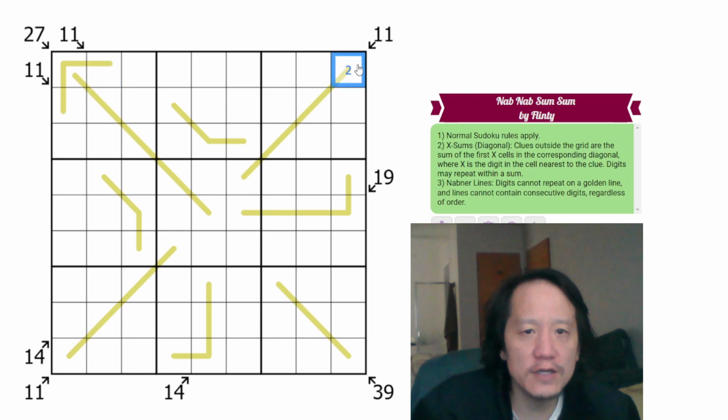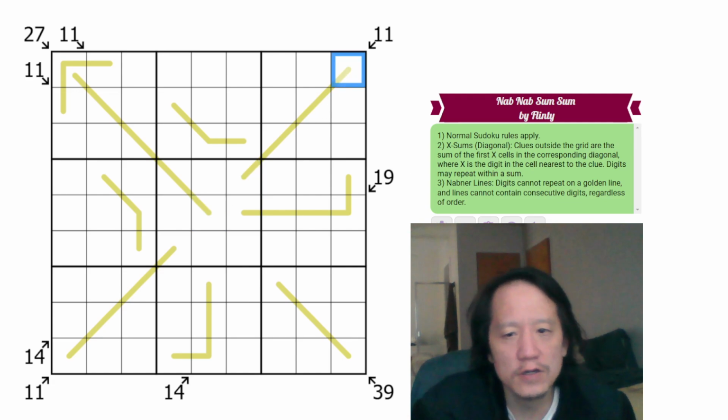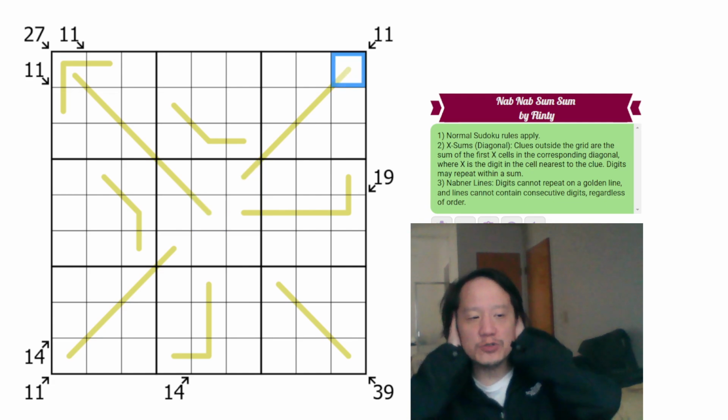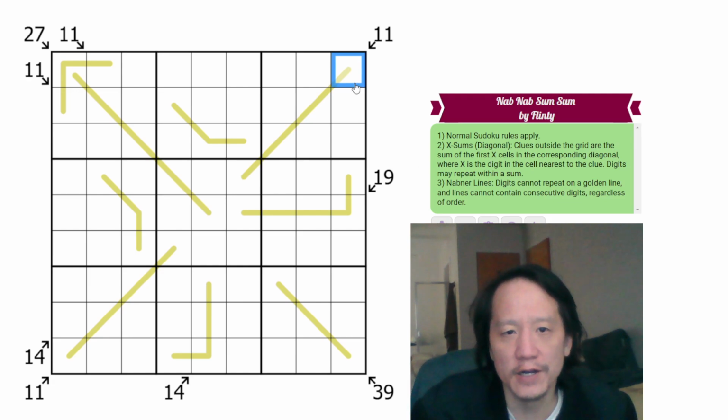We know these actually could be 4. Right, it's 2, 3, or 4. Actually, it could be 5 even, right? 5, 1, 2, and 1, 2. Oh, yeah. I'm sorry. I'm too used to X sums being on a row or column. So this doesn't actually have to be 2 or 3 only.